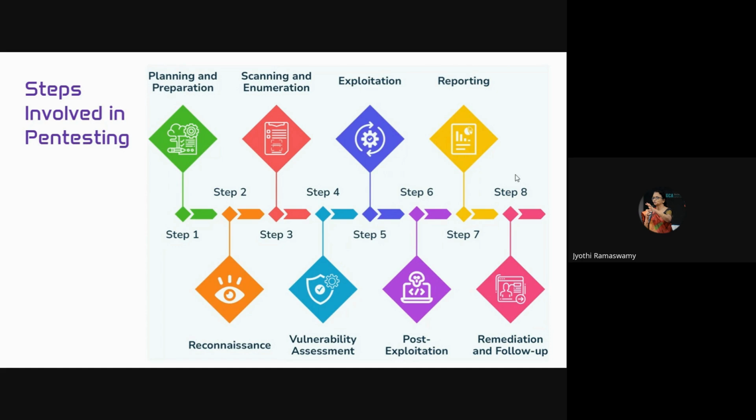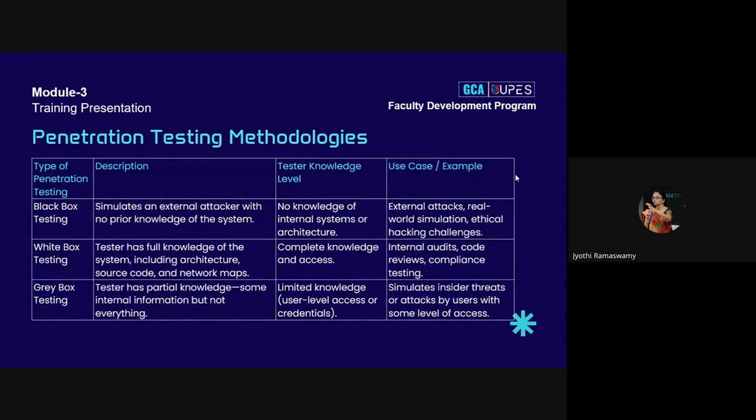So every month you go and say that, right? When you repeat that every month, the management will also speed up giving you the budget and the necessary resources for upgrades, etc. So that is what comes in remediation and follow-up. Okay. So these are the steps involved in penetration testing.